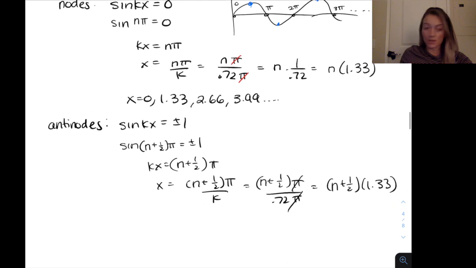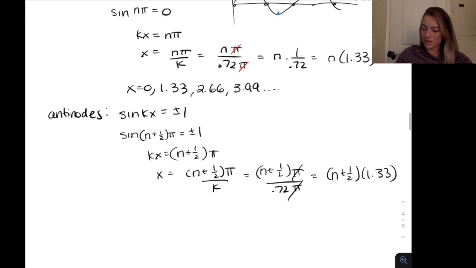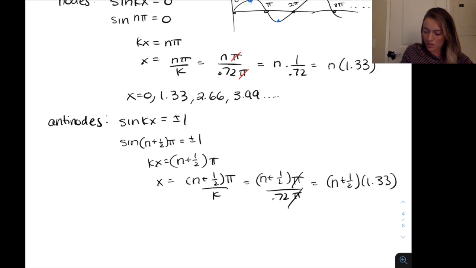So for n equal to 0, that ends up just being 1/2 times 1.33. So our antinodes are at 0.665, and then you'll have 1 plus 1/2 times 1.33, so 3/2 times 1.33.